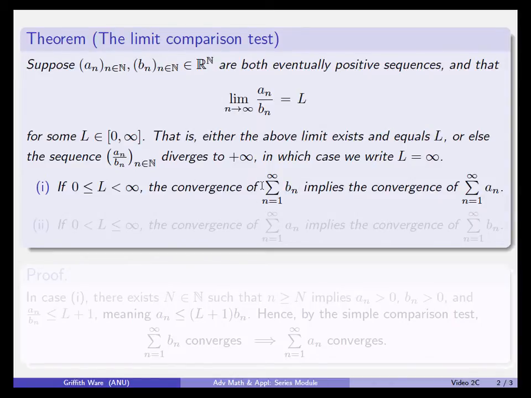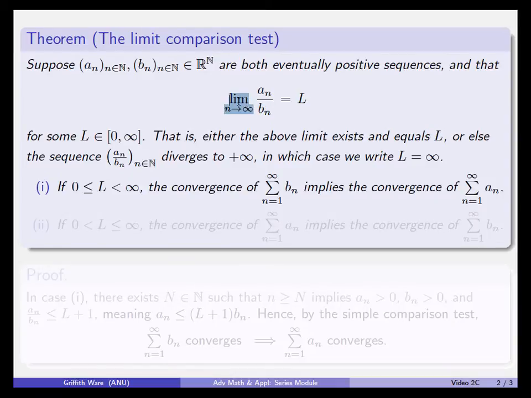So on the assumption that this series converges, we know that these terms Bn are getting smaller and smaller. If this limit actually exists and is not infinity, then the sequence of terms An must also be going to 0, and on top of that, they're going to 0 as fast or faster than the terms Bn.